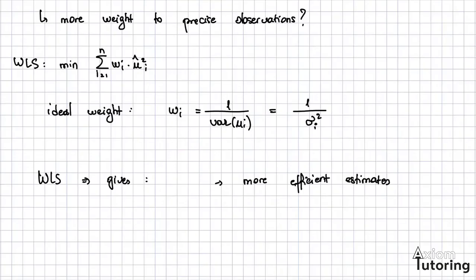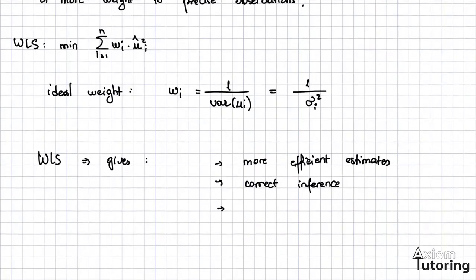It gives us correct inference. So no need for robust standard errors if the weights are right. And it will give us, as we said, the BLUE estimator, the best possible linear unbiased estimator. Keep in mind, weighted least squares doesn't just fix the standard errors, it improves the estimates themselves.